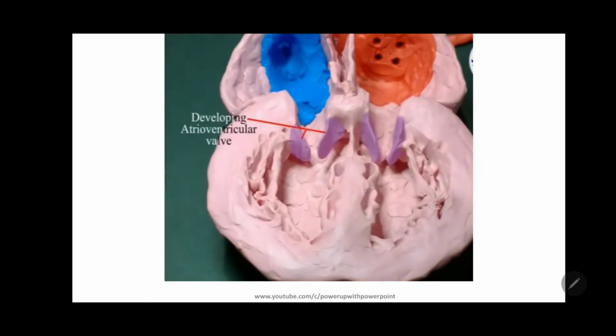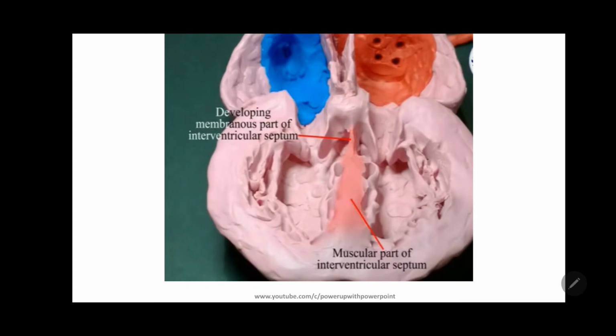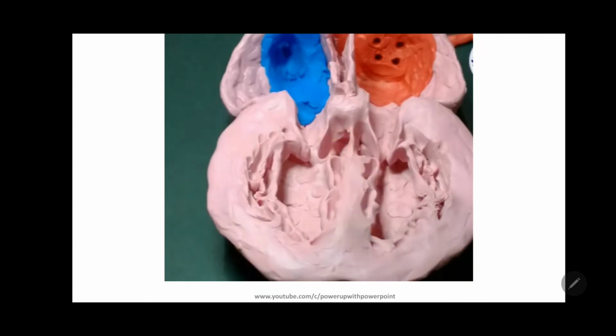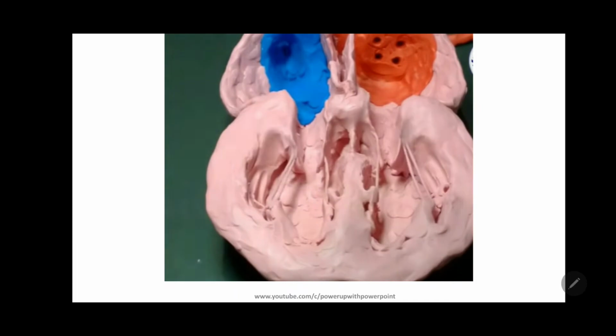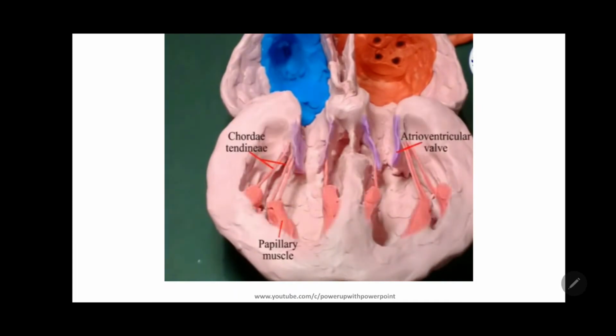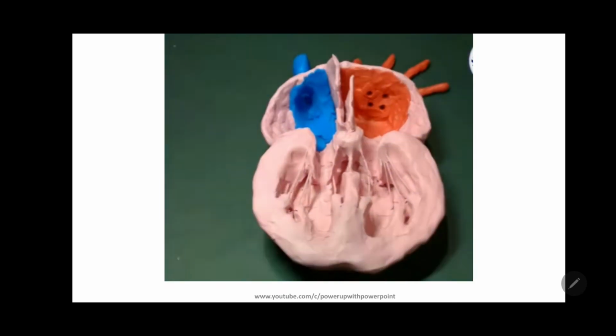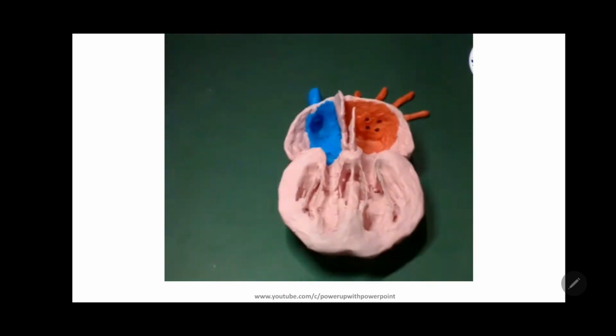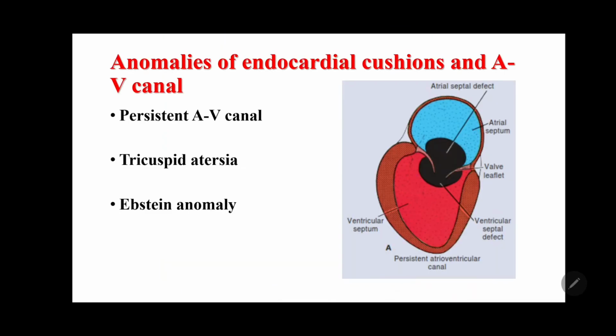They also form the AV valves there, and these AV valves are attached to the trabeculae carneae by chordae tendineae and by way of papillary muscles. So you can see in the purple color the formation of AV valves and how these chordae tendineae, the collagenous threads, and papillary muscles which are covered by endocardium are formed. That is the formation of AV valves.